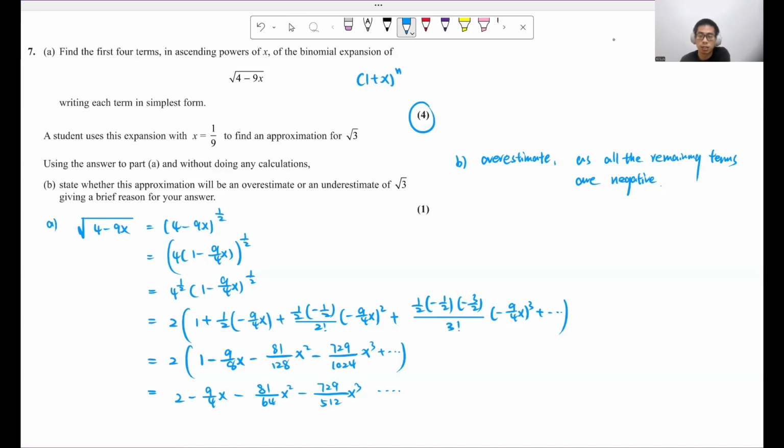And then you will keep minus terms. But because we only need the first 4 terms, we didn't minus all the remaining terms. So therefore, it has been an overestimate. Otherwise, if we keep minus numbers, then it will be a bit smaller than it should be. But because we only use the first 4 terms, we didn't minus the rest, that's why it has been an overestimate, because all the remaining terms will be negative.